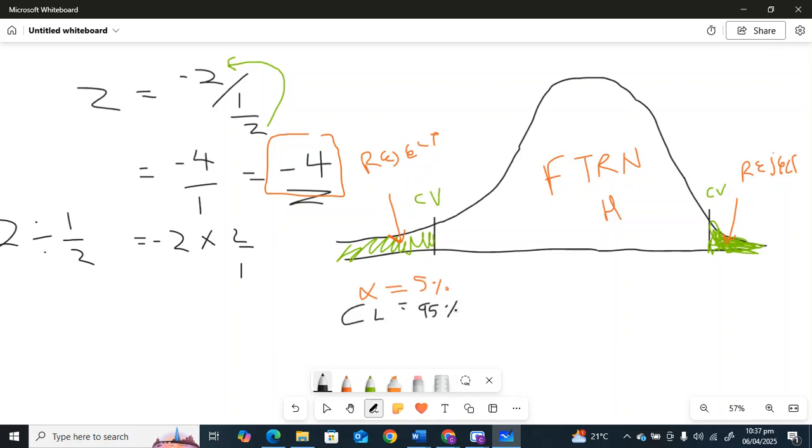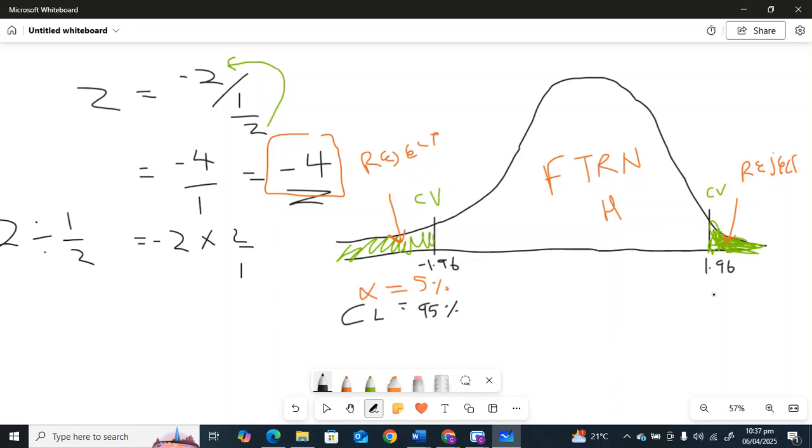The confidence level, how sure you are. So with a confidence level of 95%, your critical values are negative 1.96 and 1.96. And your confidence level is 95%.